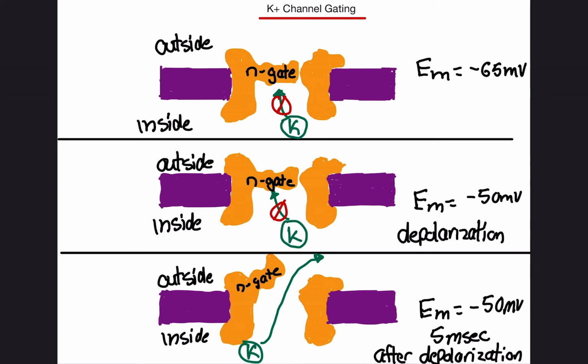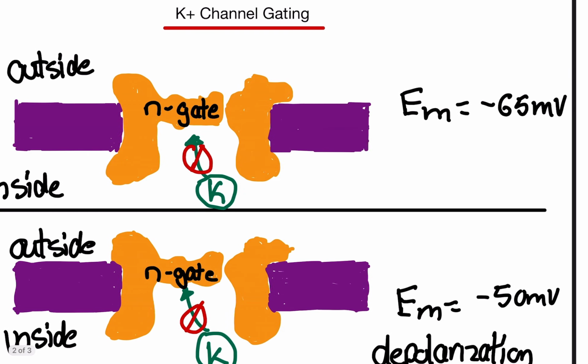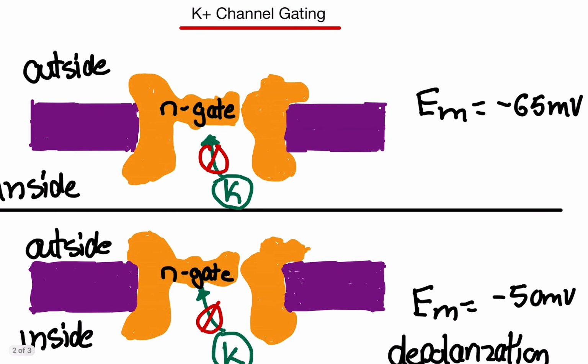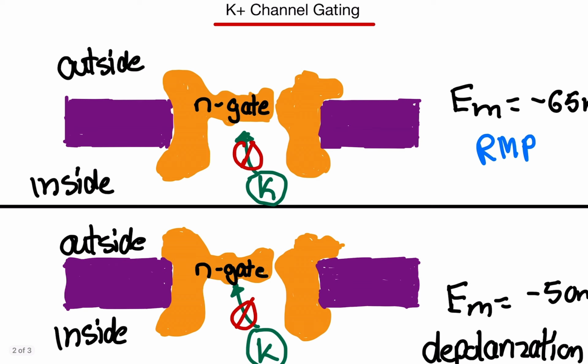So potassium channel gating. All right. So we have three circumstances here. We're going to go one by one in order. So the first is when the voltage is at negative 65 millivolts. This is like resting membrane potential. Notice we have one gate here. Sodium channel had two gates. The potassium channel only has one gate, and we call it the N gate.